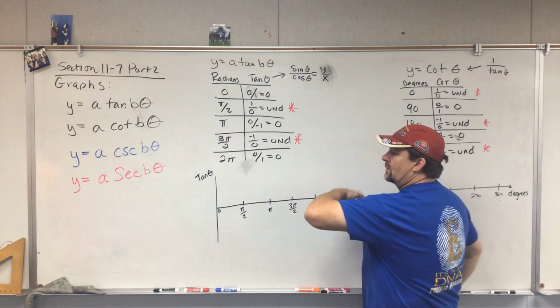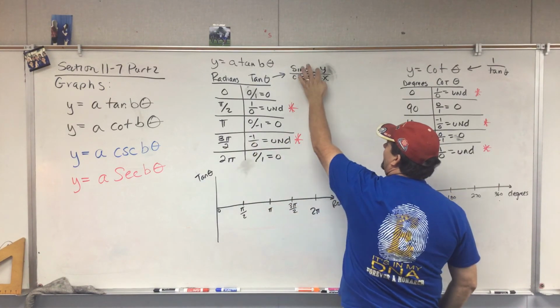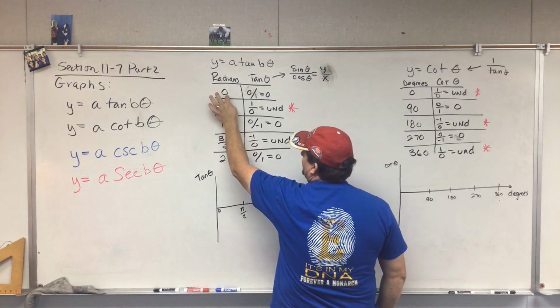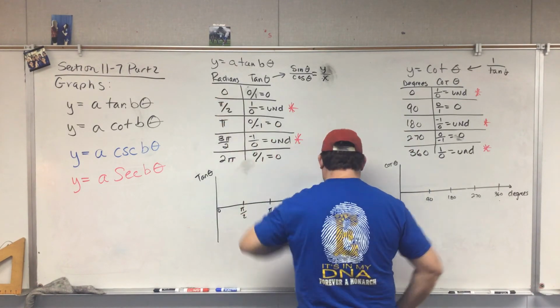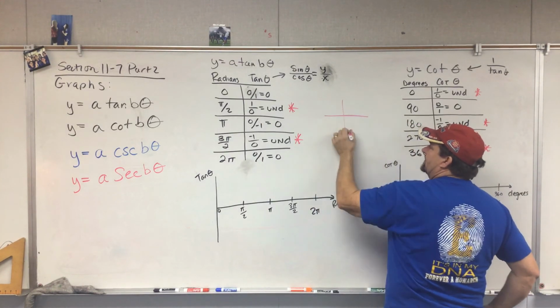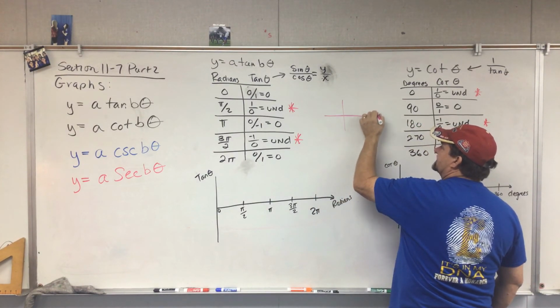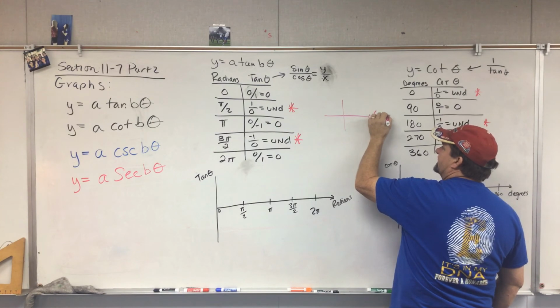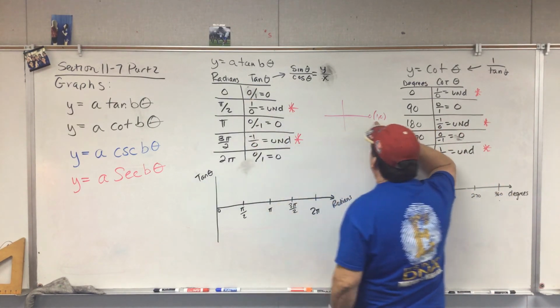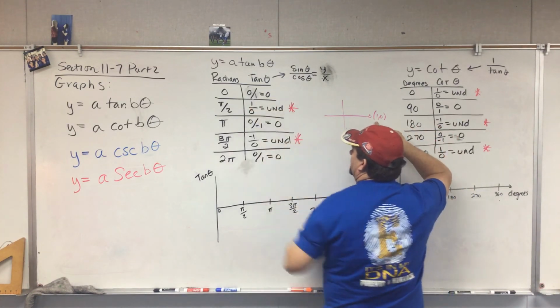So as we go around the unit circle, we're going to put the y value over the x value. So if we go to 0 radians, so we're starting, I'll draw it here. If we draw the unit circle, if we go to 0 radians, my point is 1 and 0. So y over x gives me 0 over 1. 0 divided by 1 is 0.